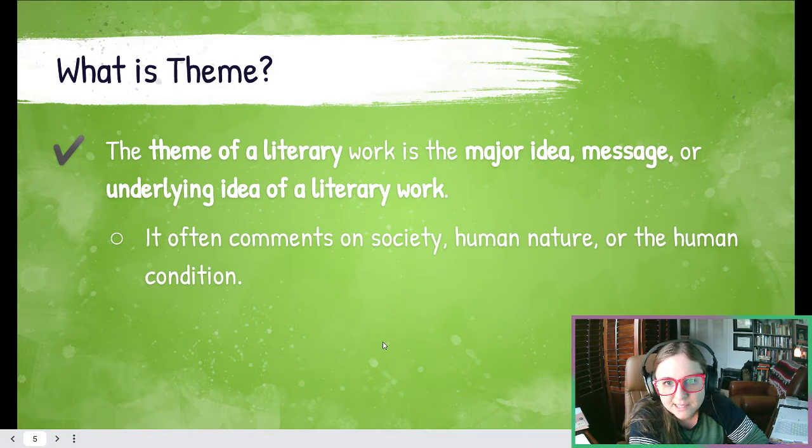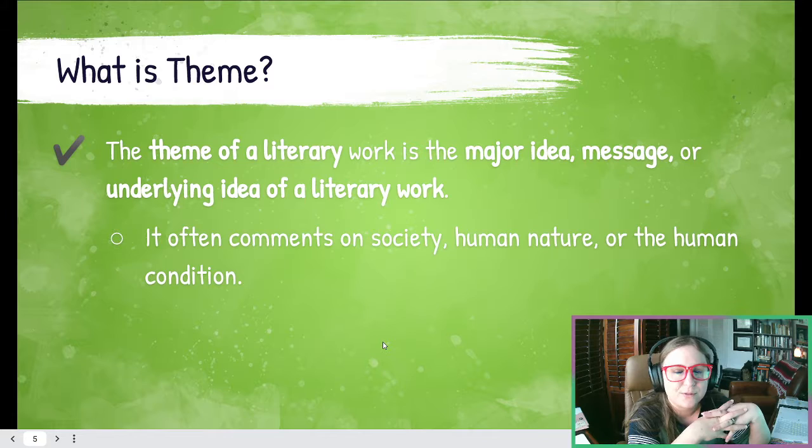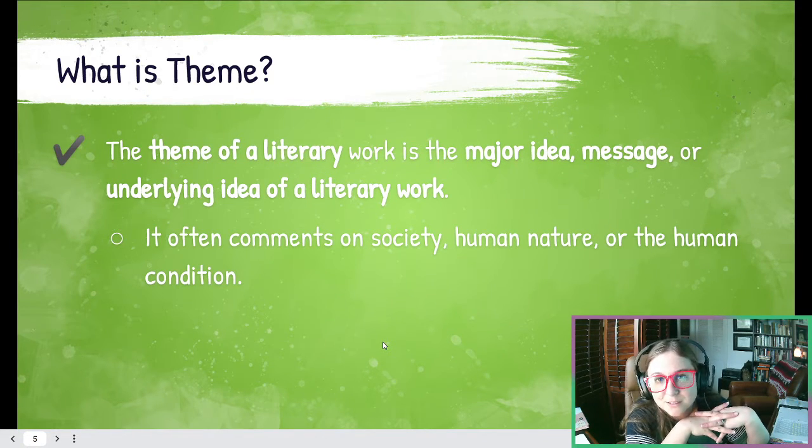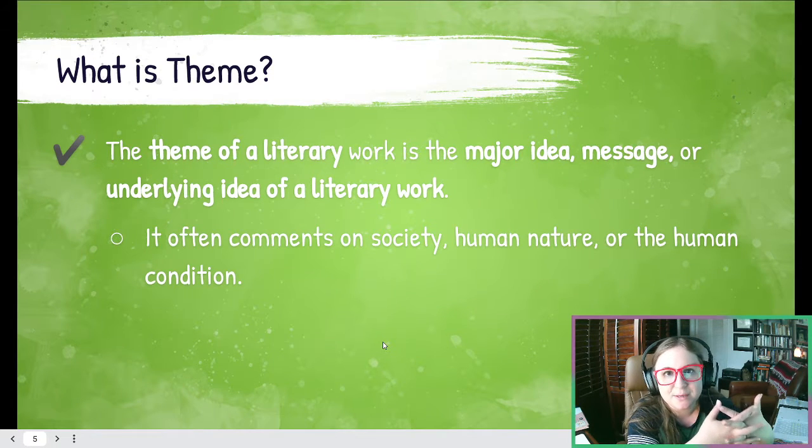So, the theme of a literary work is its major idea, its major message. It's the moral to the story, although there are some English teachers who would disagree about that, but sometimes it is the moral to the story. Not always, but sometimes. And what it does is it comments on society, human nature, or the human condition.